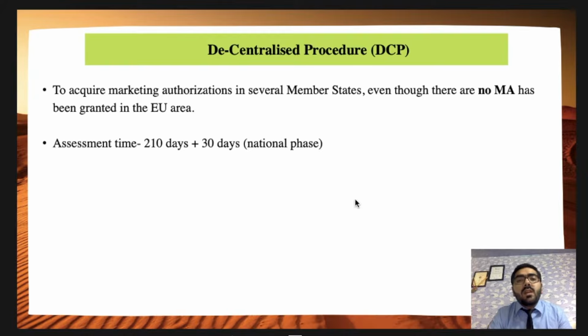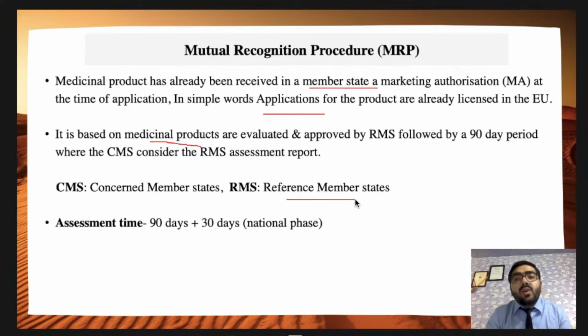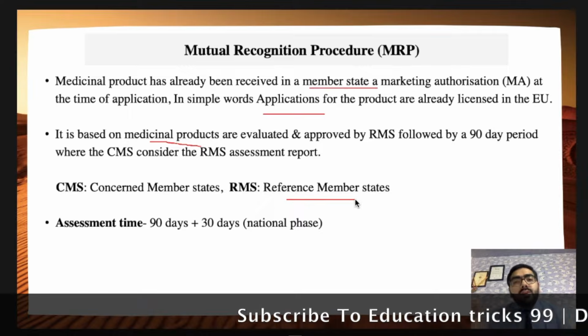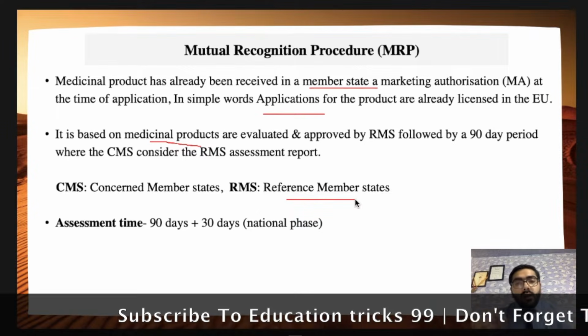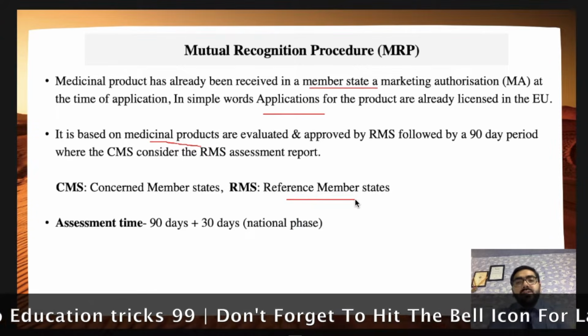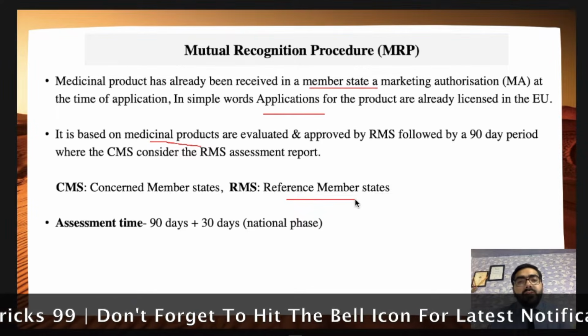Okay. Then decentralized procedure. It is to acquire the marketing authorization in several member states, even though no marketing authorization has been granted. In MRP, marketing authorization is compulsory. If one drug product is already approved by a national procedure, MRP will be considered.